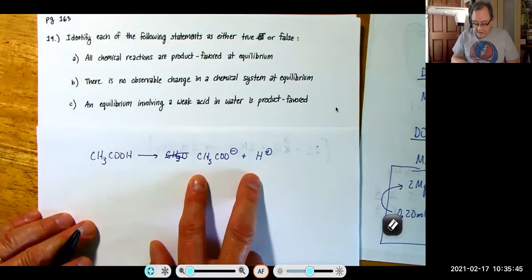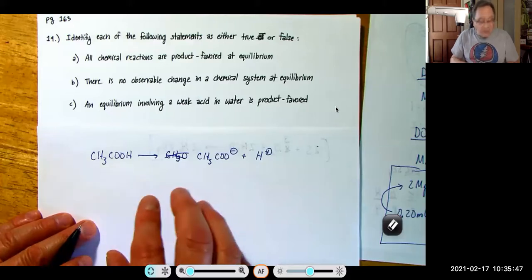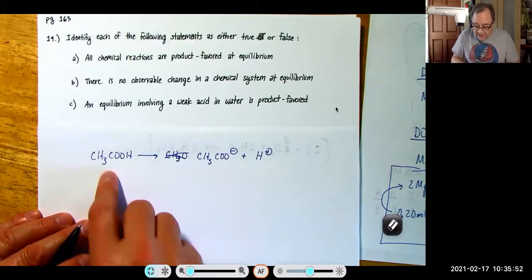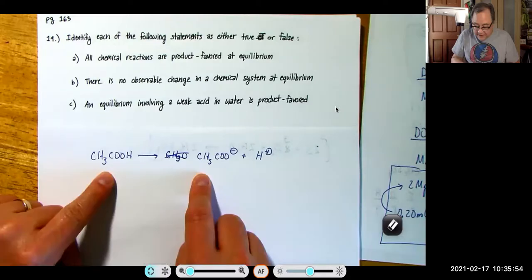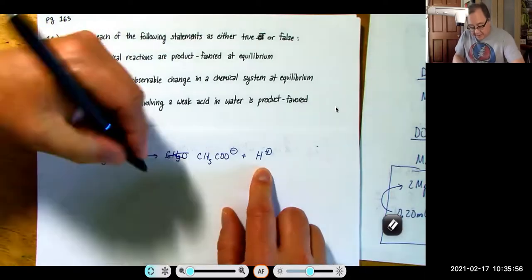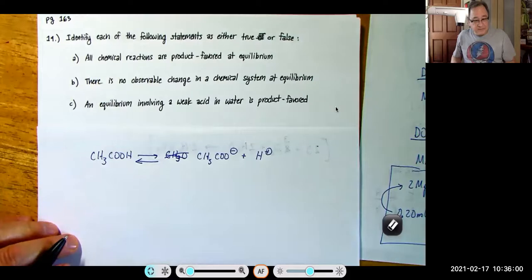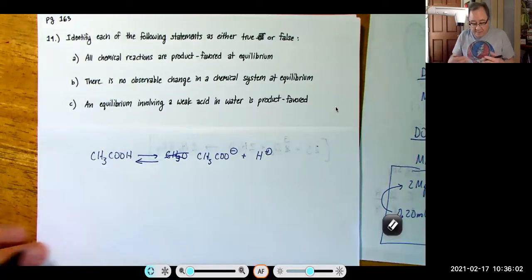Okay. This reaction does not, however, go to completion. Meaning if you start with 10 of these, you don't get 10 of these. What happens is some of these recombine to make that. So the reaction happens both ways.